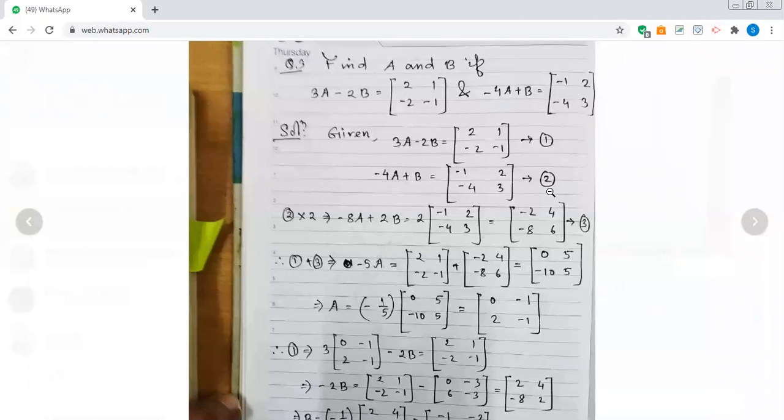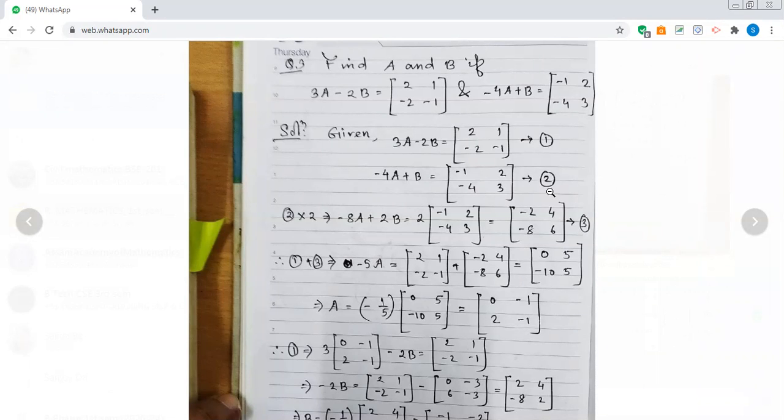So before going to the matrix concept, you have already done in class 9 or 10 or simply in 8, this type of equations actually can be solved easily, no? Because see, A and B are the two unknowns, two equations are there, so you can easily simplify to find the values of A and B. ओके, राइट हैंड साइड में जो मैट्रिक्स दिया है उसके बदले में अगर कोई सिंगल नंबर दे दिया जाए तो you can easily simplify that because you already got the methods for simplifying the unknowns, isn't it?